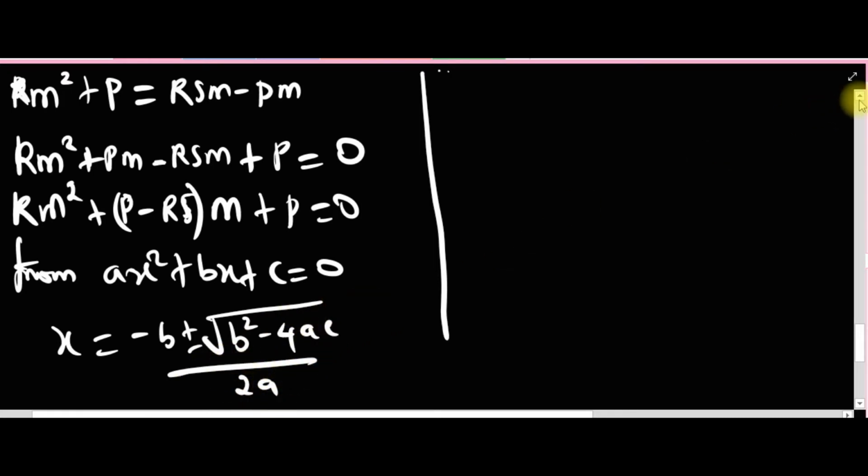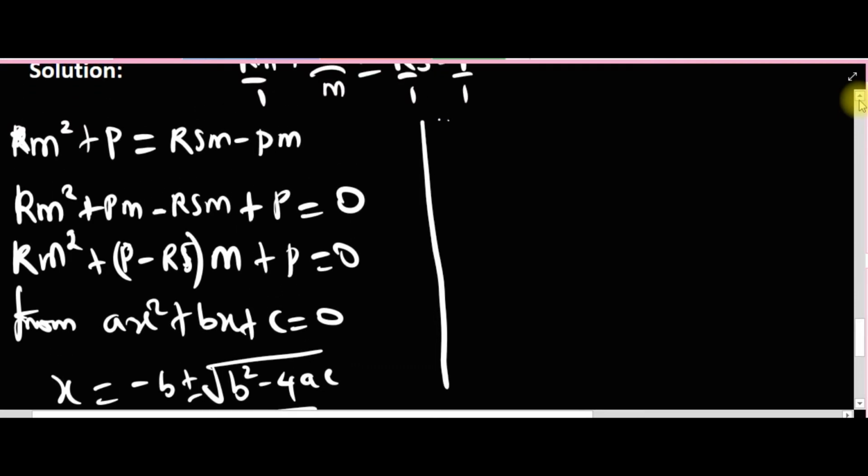Reading it off like this as the coefficient, our a is r, our b is p minus rx, while our c is p. So the m we are looking for is minus b, so minus p minus rx.